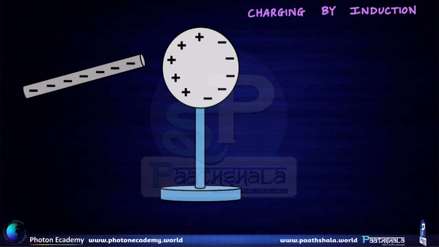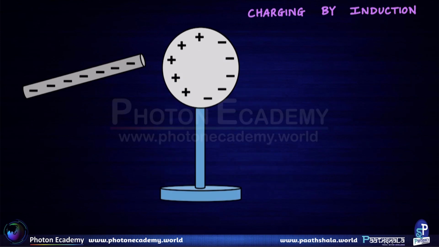So here we have a negatively charged rod, and this is brought near an uncharged body. This uncharged body will get polarized, or effectively the negatively charged electrons will be repelled away from the incoming rod.